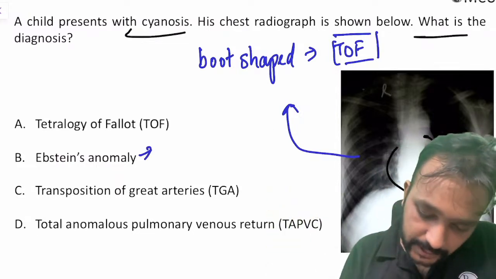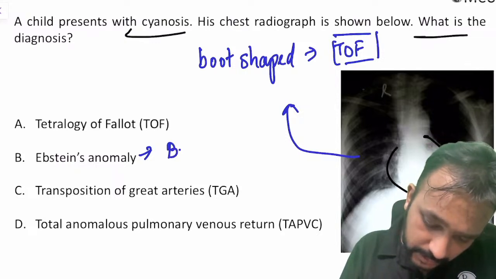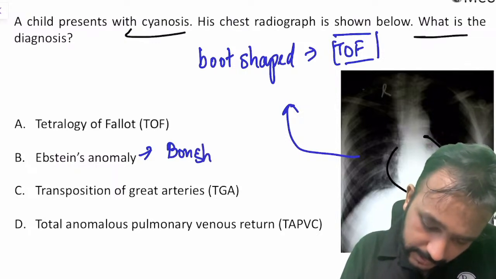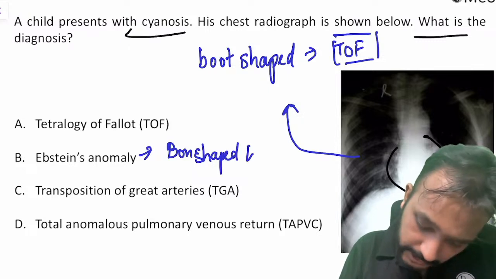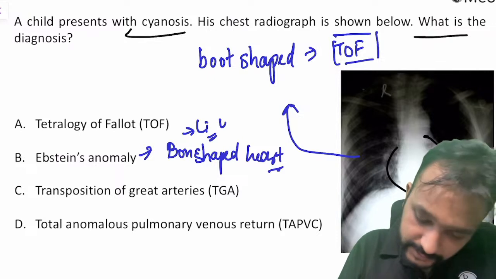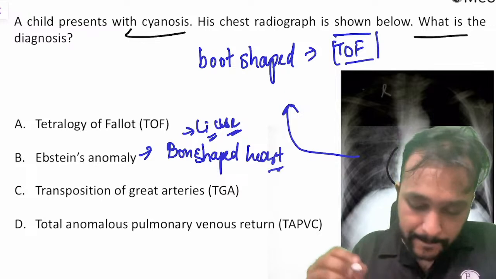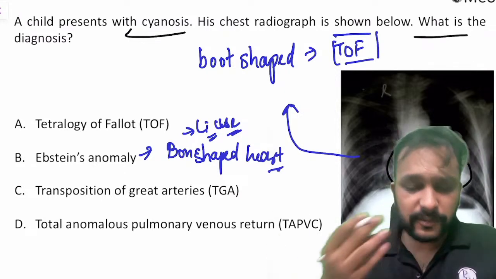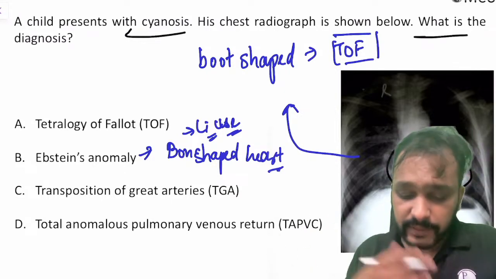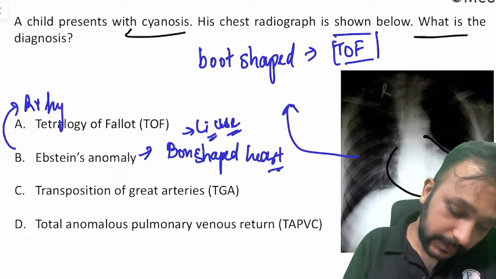In Ebstein anomaly, you are going to see a box-shaped heart, associated with lithium use during pregnancy, right? There is downward displacement of tricuspid valve in which the right ventricle appears hypoplastic.